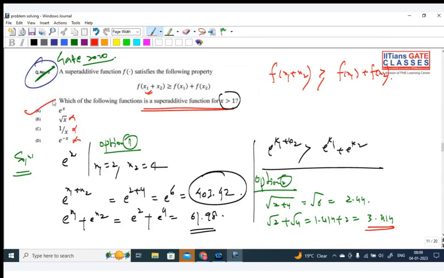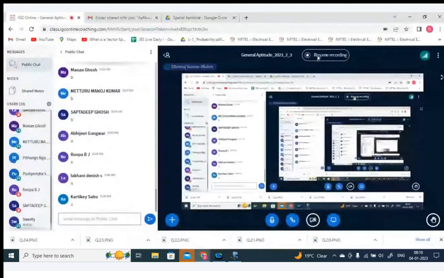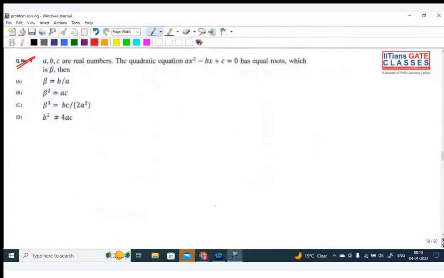I believe many of you understood this question. Yes? Yeah, please try this question. a, b, c are real numbers, and the quadratic equation they have given here is ax squared minus bx plus c equal to 0 has equal roots.